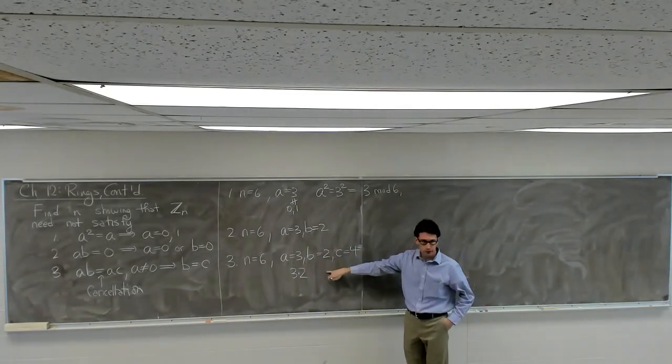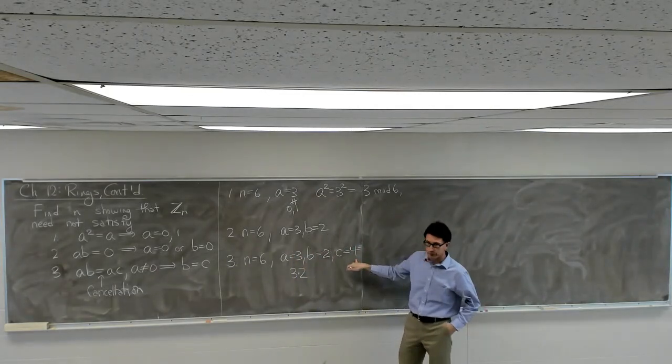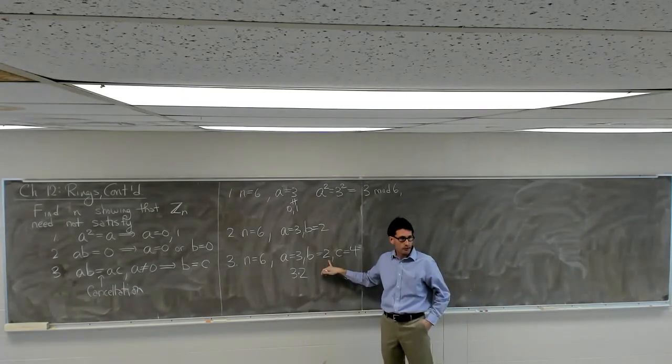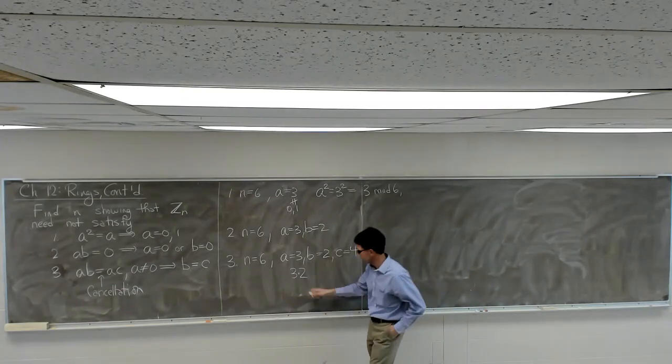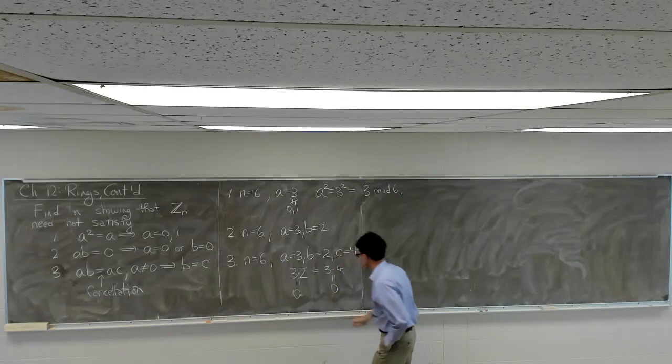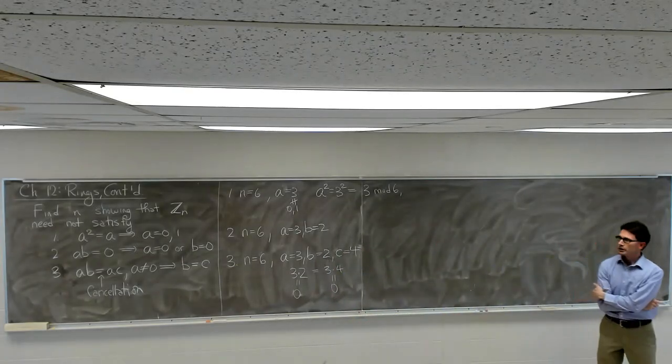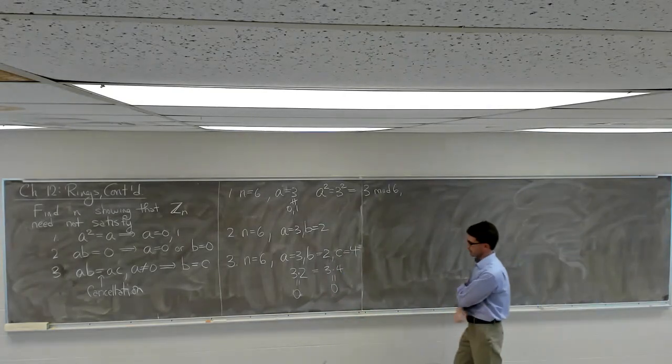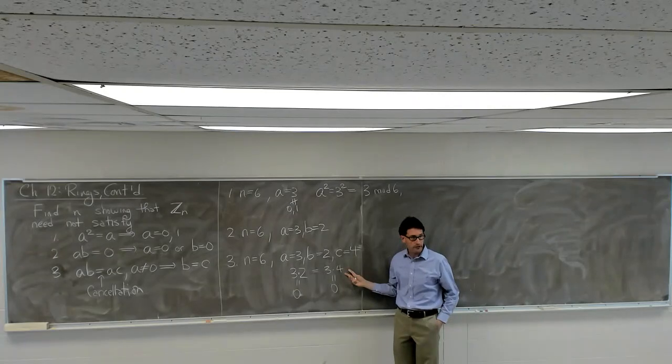Right, so 3 times 2 is 6, 3 times 4 is 12, mod 6, that's 0, just as 6 is. So here, mod 6, these are all 0, 2 is not equal to 4. All right, so in general, we cannot cancel.